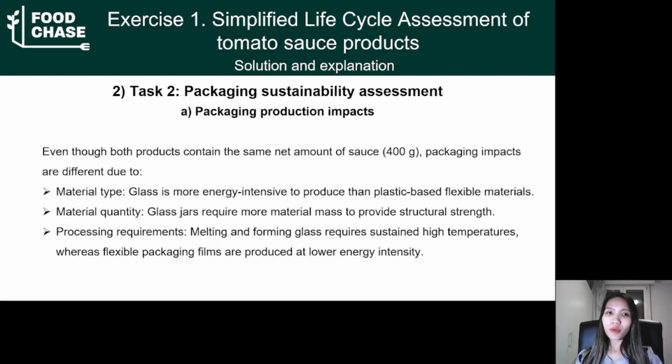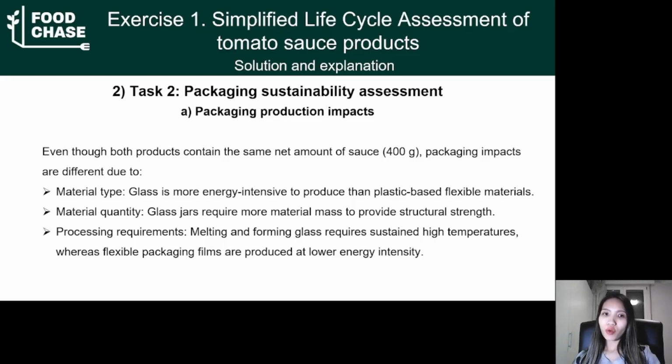So even though both products contain the same net amount of starch, the packaging impacts are different due to the material type, because glass is more energy intensive to produce than plastic-based flexible material.